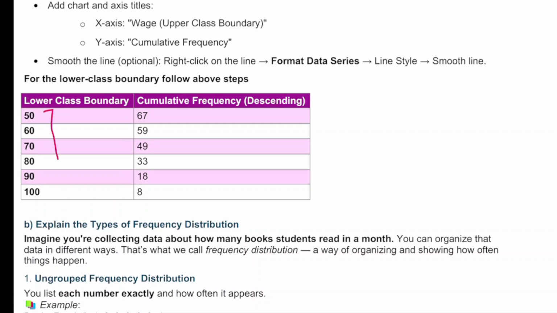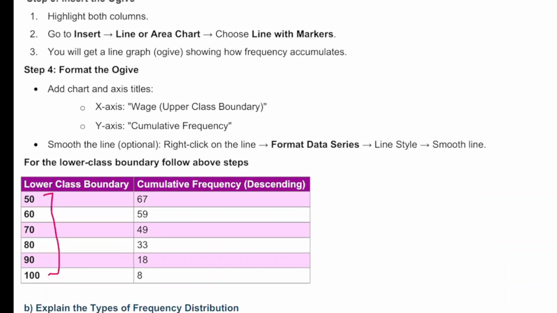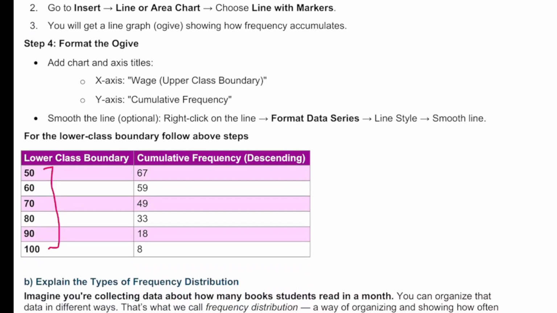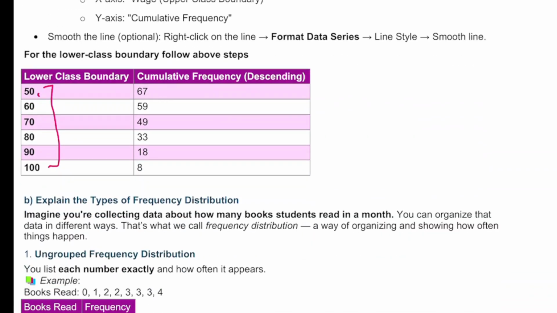This is an example of the lower. The higher is this one, 59. For example, class 1, for the upper you take 59, and for the lower it is 50. So you can do both the lower and upper, and in fact, this question was asking for the two.